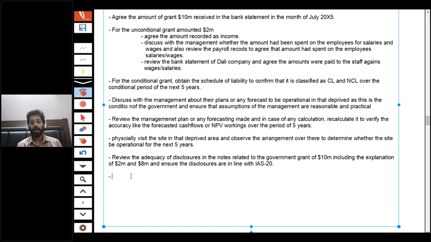Now, what is the written representation? It is not the evidence. When you have collected the evidence, it is the supporting thing that you type up. For example, I, Haris Ali, am the group CEO, and you will be writing on my letterhead: I, Haris Ali, the group's chief executive officer, acknowledge that the above evidences were provided to the auditor.